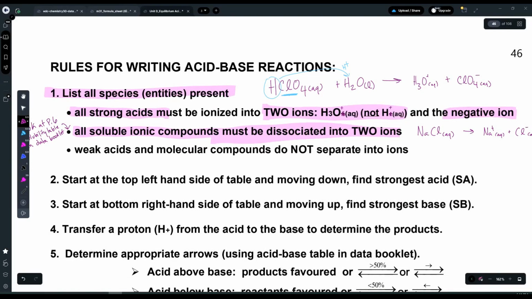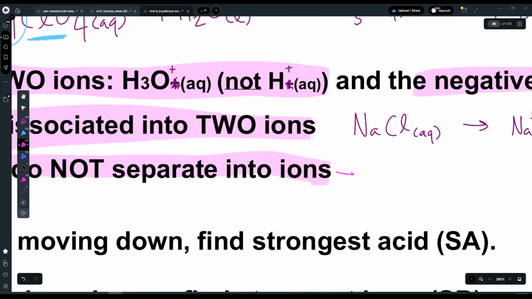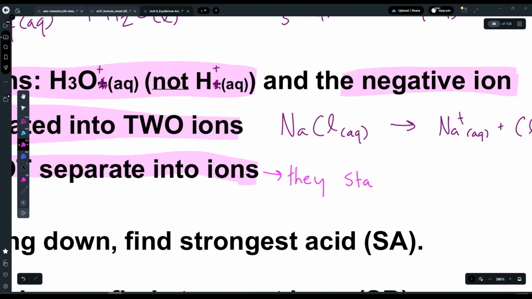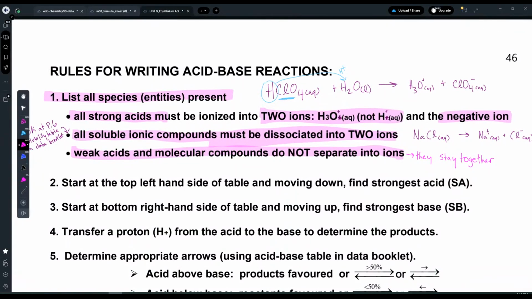Weak acids and molecular compounds do not separate into ions. Those are going to stay together. As a reminder, ionic compounds are when you have a metal with a nonmetal.